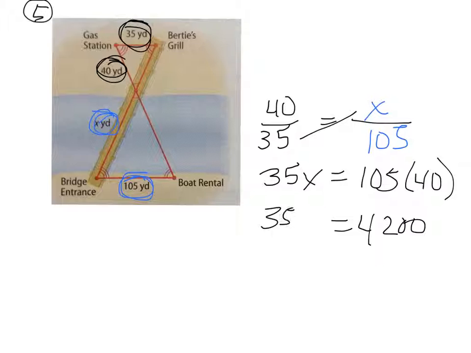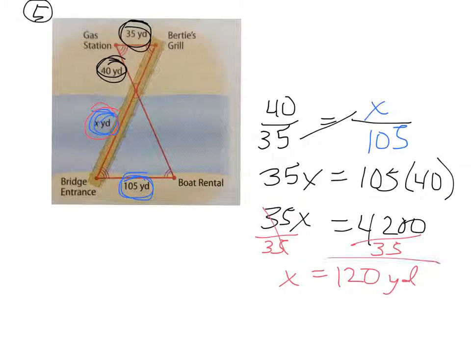That equals 35x. Now to solve, we're going to divide both sides by 35. Cross that out. X equals 4,200 divided by 35 is 120. So x equals 120 yards. And again, you're going to put that in a sentence.